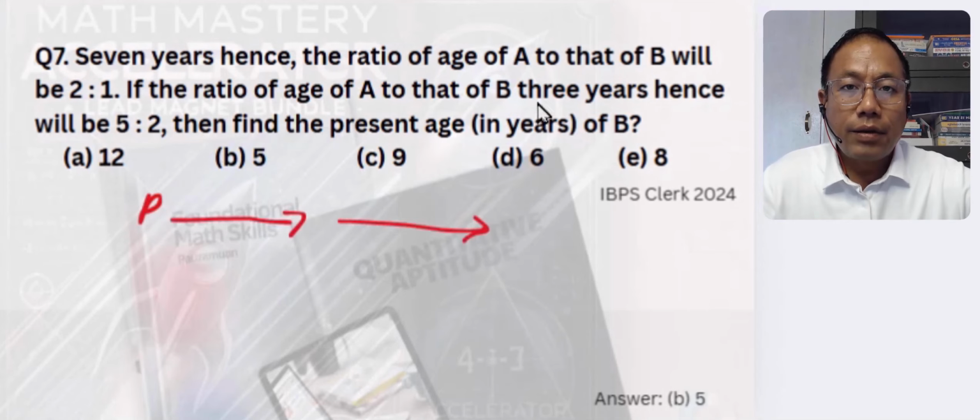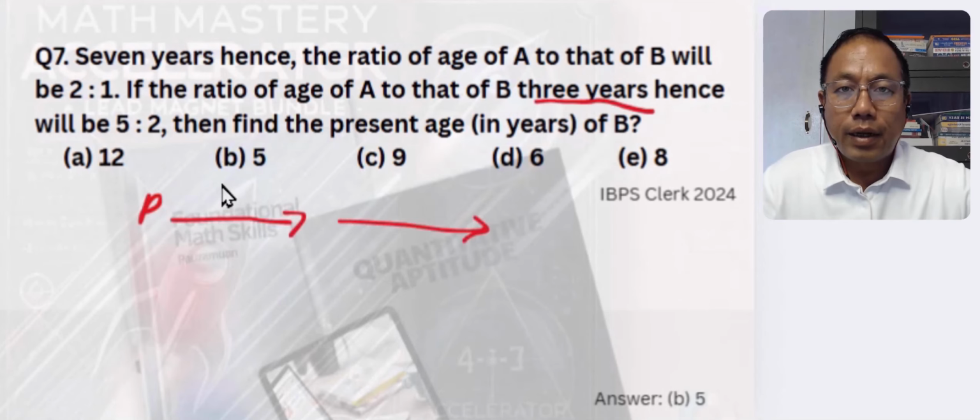Three years hence, plus 3, the ratio will be 5:2. 7 years hence, plus 3 plus 4 is 7, the ratio is 2:1. Find the present age of B.